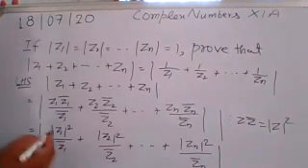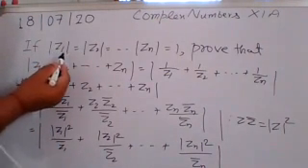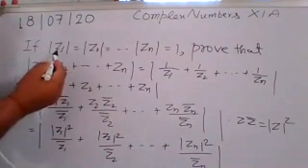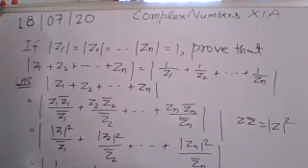Understand? Now think about that result. If mod of Z1 is equal to 1, then mod of Z1 square is also equal to 1, so you write 1 here. Here you have 1 upon conjugate of Z1 plus 1 upon conjugate of Z2, and 1 upon conjugate of Zn.